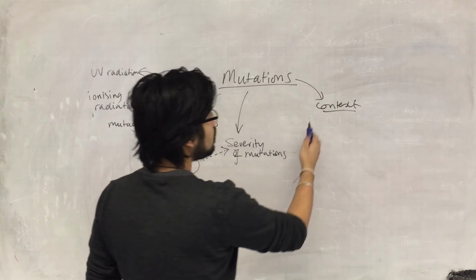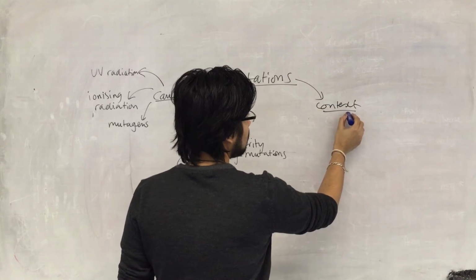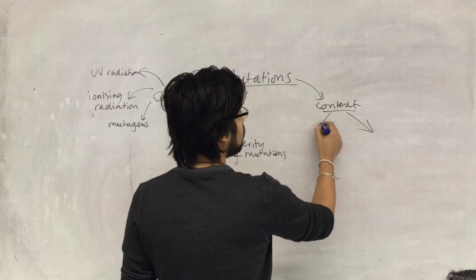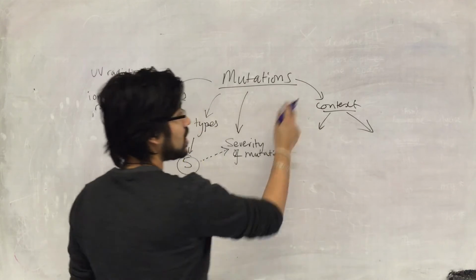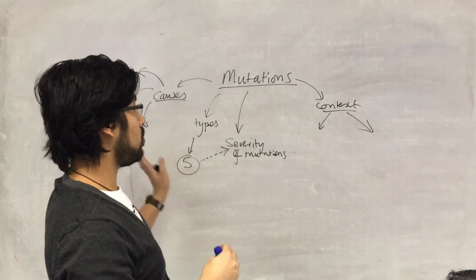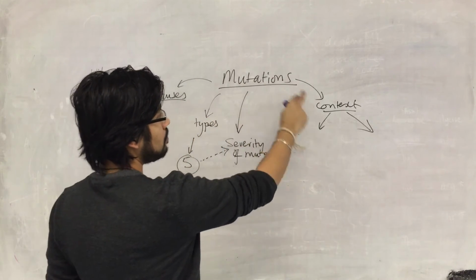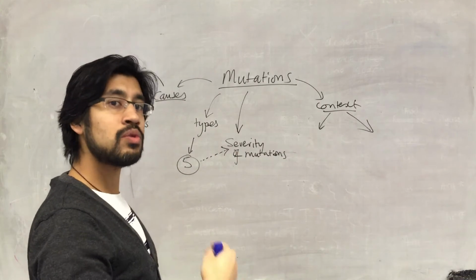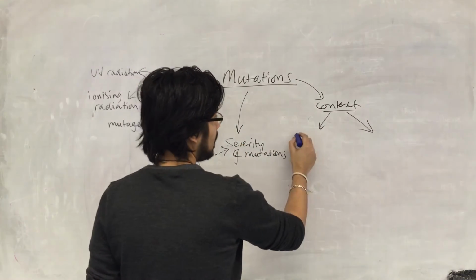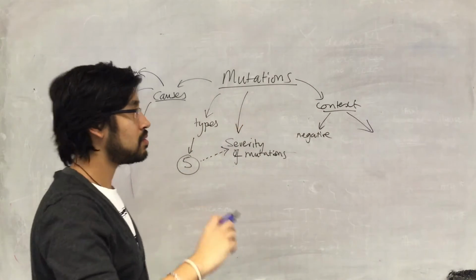Okay, so one thing with mutations, one aspect is going to be the mutations that then lead to a protein not working properly. So that's obvious. We've already talked about how that's going to happen. So if a mutation causes a protein not to work properly, that is going to be a negative mutation.